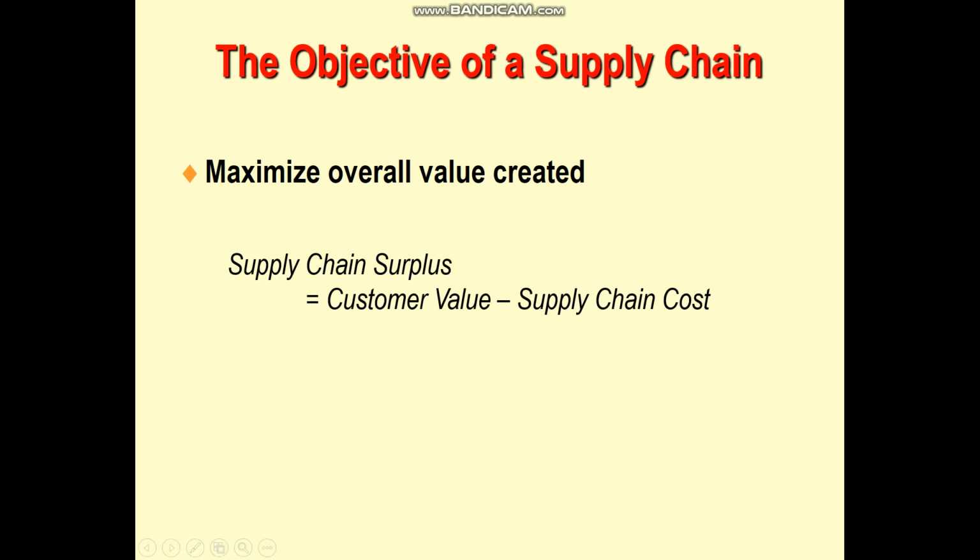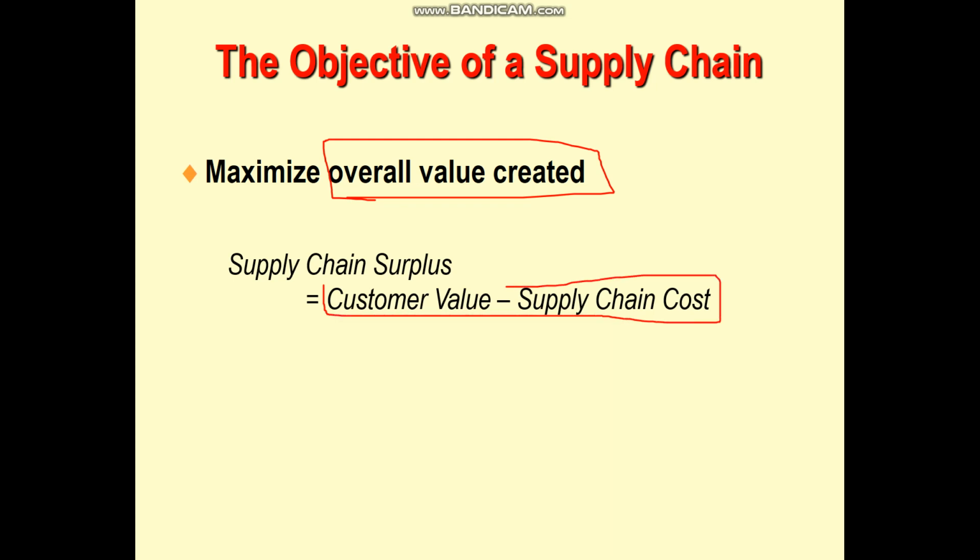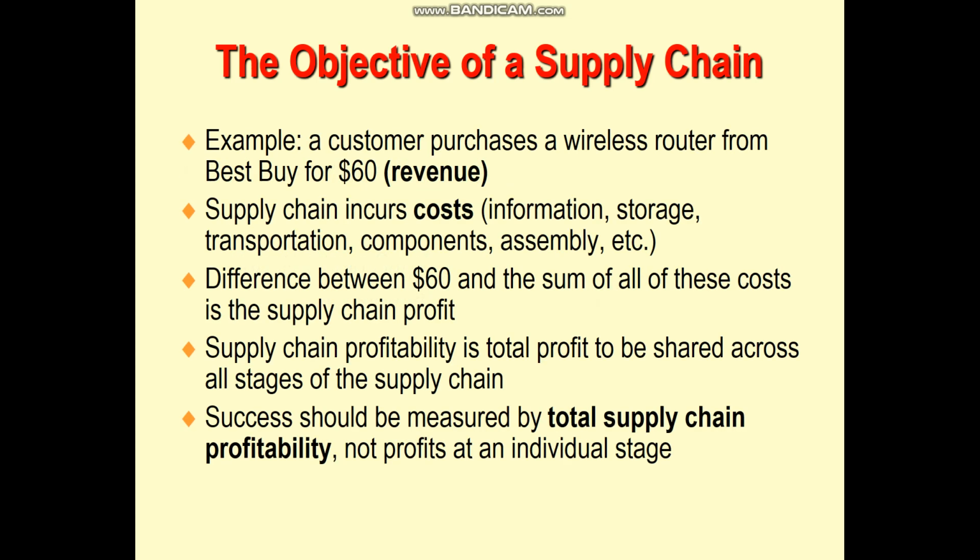So the objective of supply chain is to maximize the overall value created. So what is overall value created? That is equal to the customer value minus the supply chain cost.